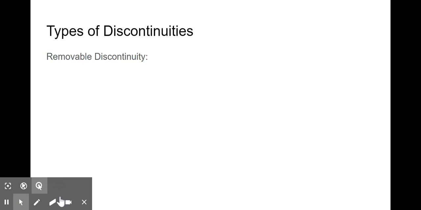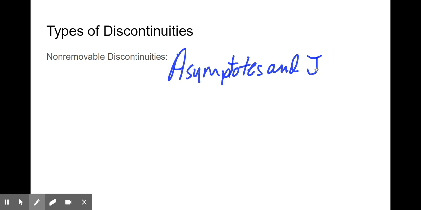So let's head on now to our second type of discontinuity, which is a non-removable discontinuity. There are two different types that are most often found in non-removable discontinuities: asymptotes and jumps.